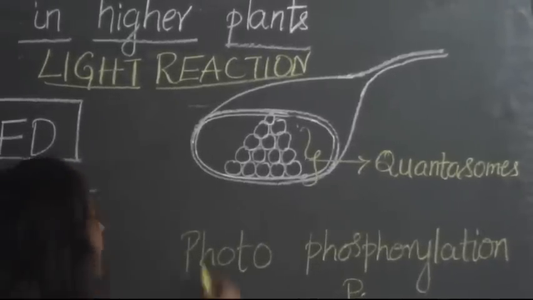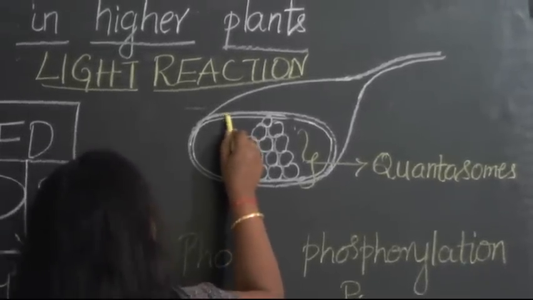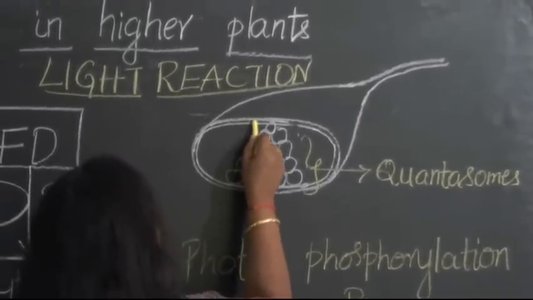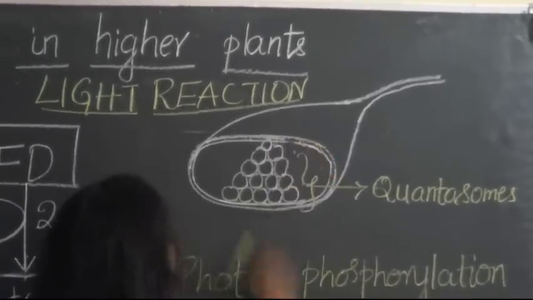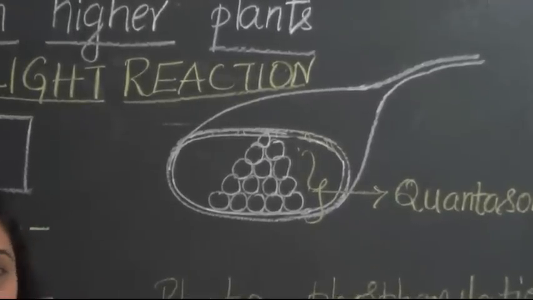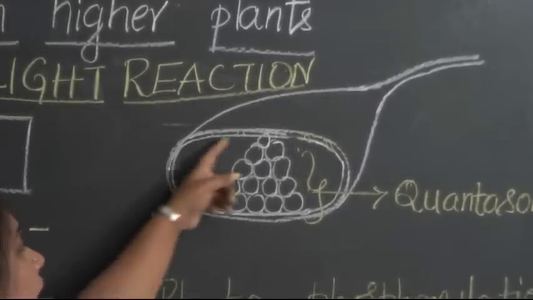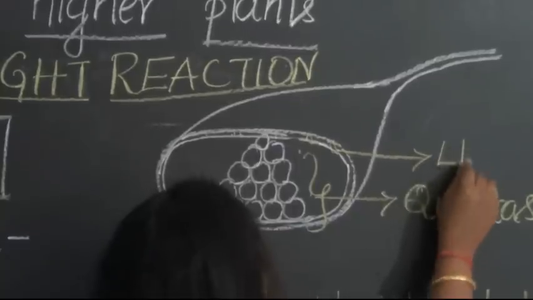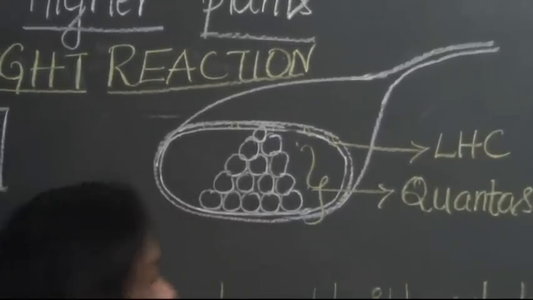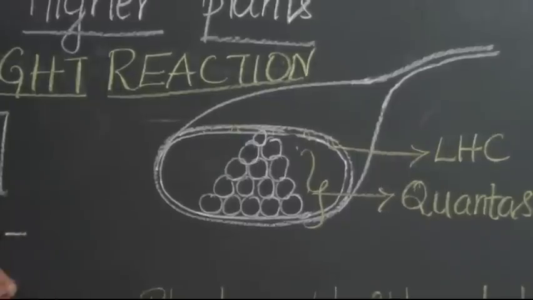Then in the membrane of the thylakoid we also find the presence of the light harvesting complex. LHC is their short form.